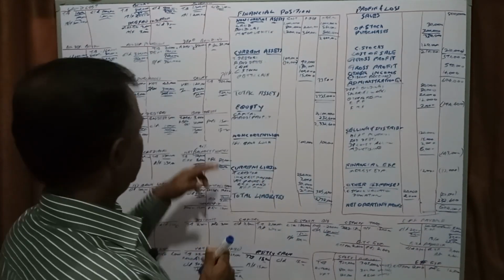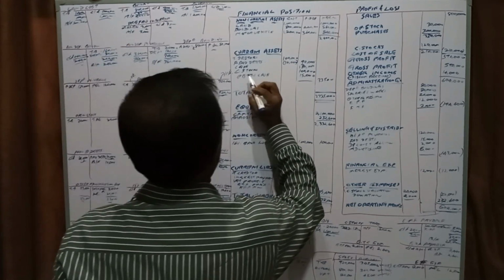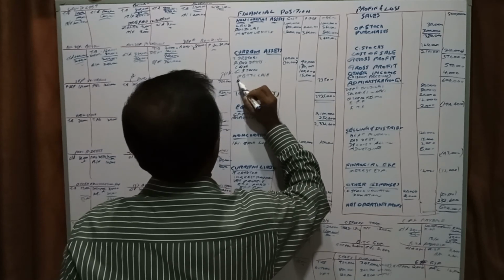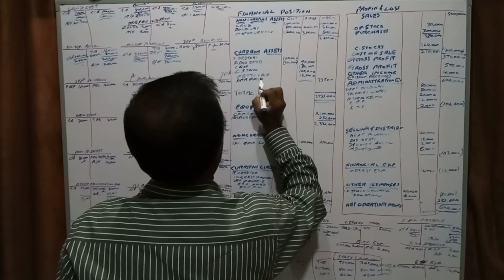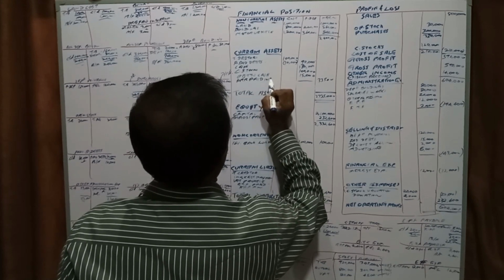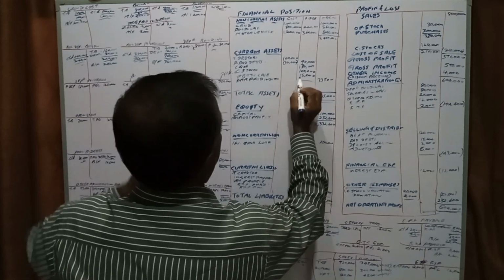Okay. Here we have taken the prepaid expenses, insurance prepaid, right? Prepaid insurance is 3,000.